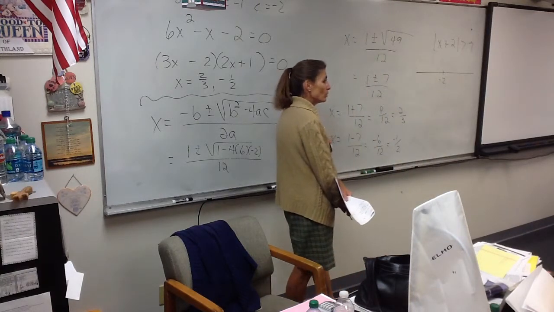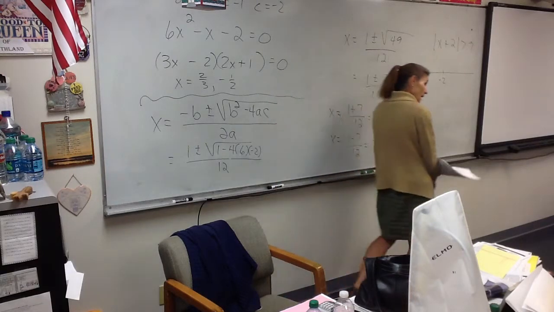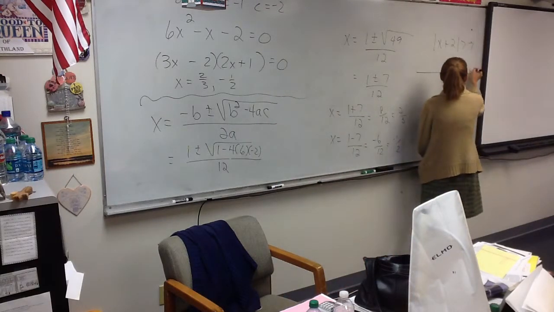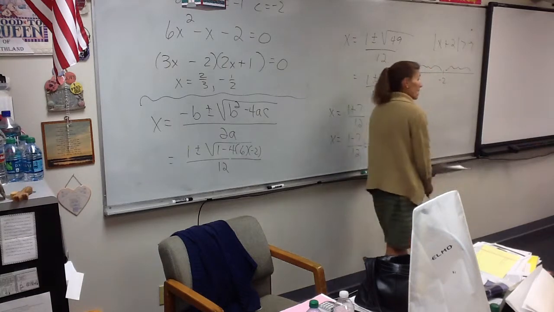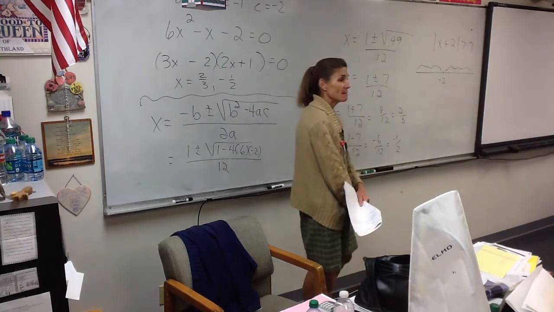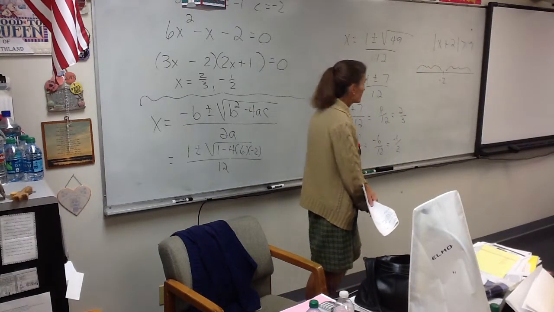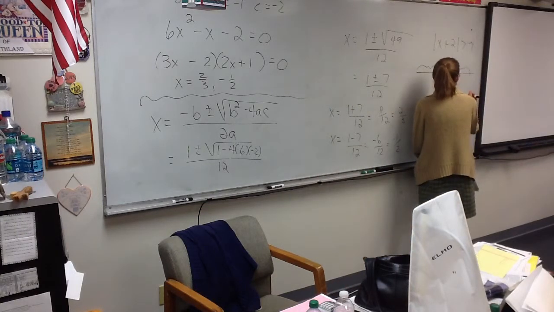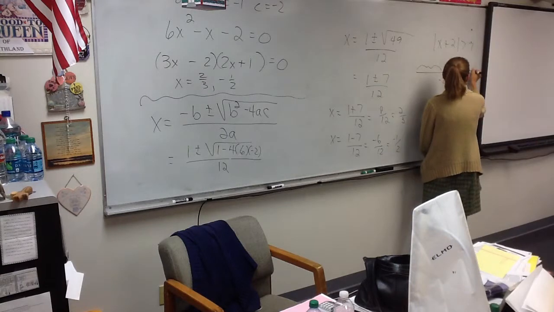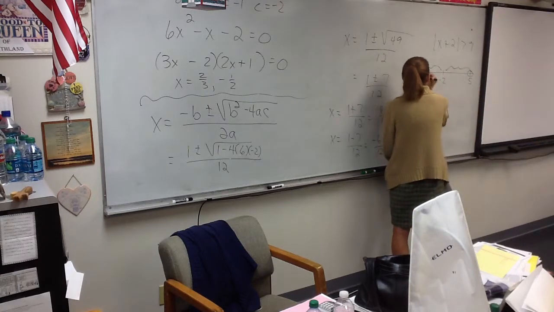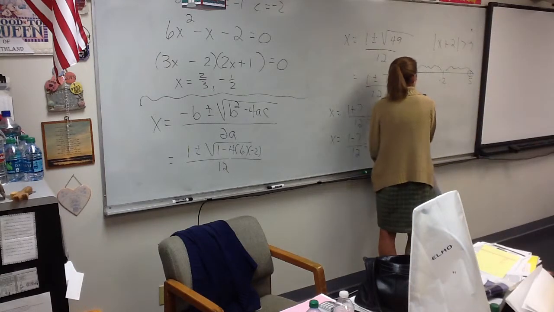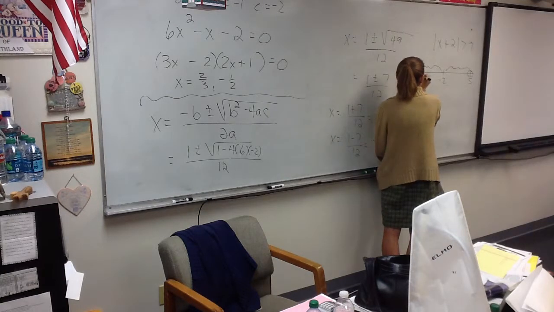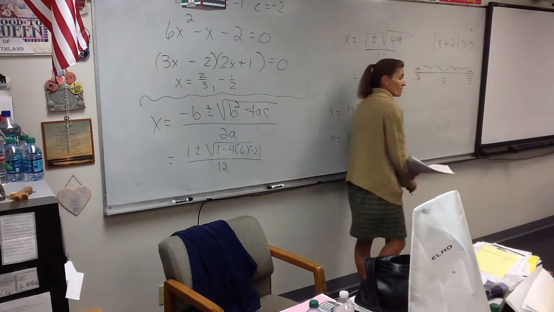And then I am going to count back and forth how many spaces? 7. So if I count forward 7, I would be at 5. And I'll put an open dot there. And if I count backward 7, I would be at negative 9. I'll put an open dot there.